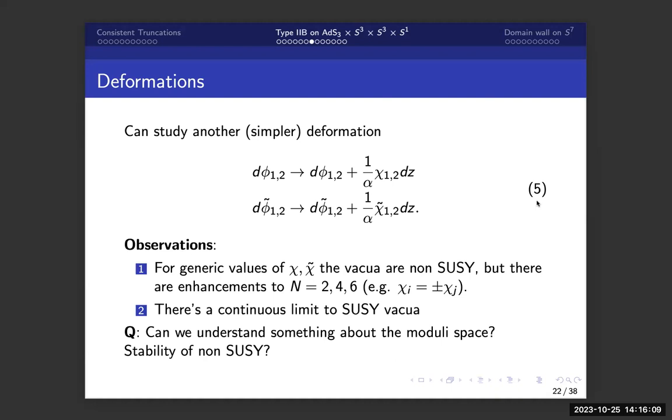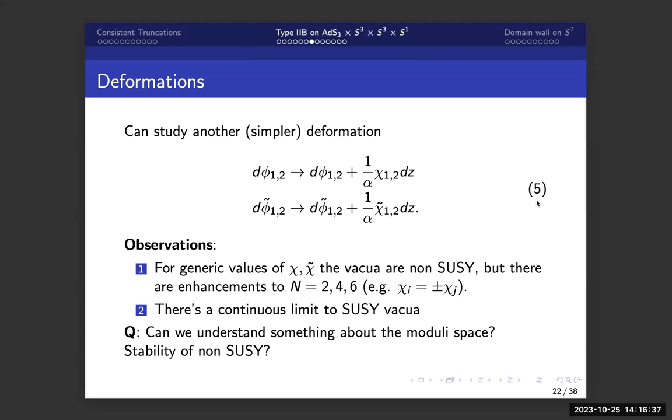But when you identify the chi's in some specific ways, there are some supersymmetry enhancements. So you have a moduli space, which is non-supersymmetric, but contains some supersymmetric hypersurfaces. And the particularly interesting point is that the SUSY families are continuously connected to the non-SUSY vacuum.